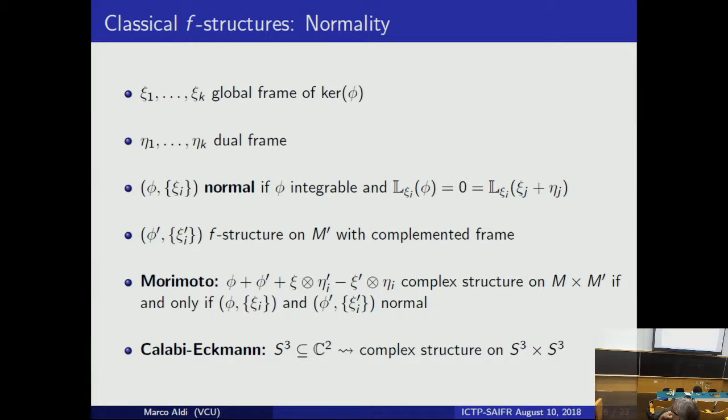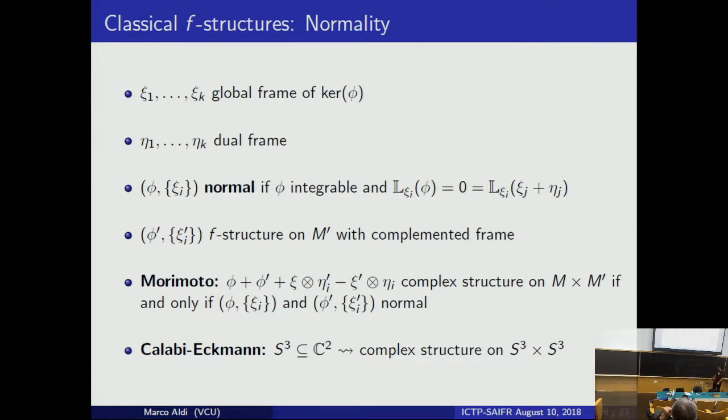And the motivating example for Morimoto was an example of Calabi and Eckmann, where they start with the usual embedding of S3 in C2, and they look at the usual Hopf fibration.